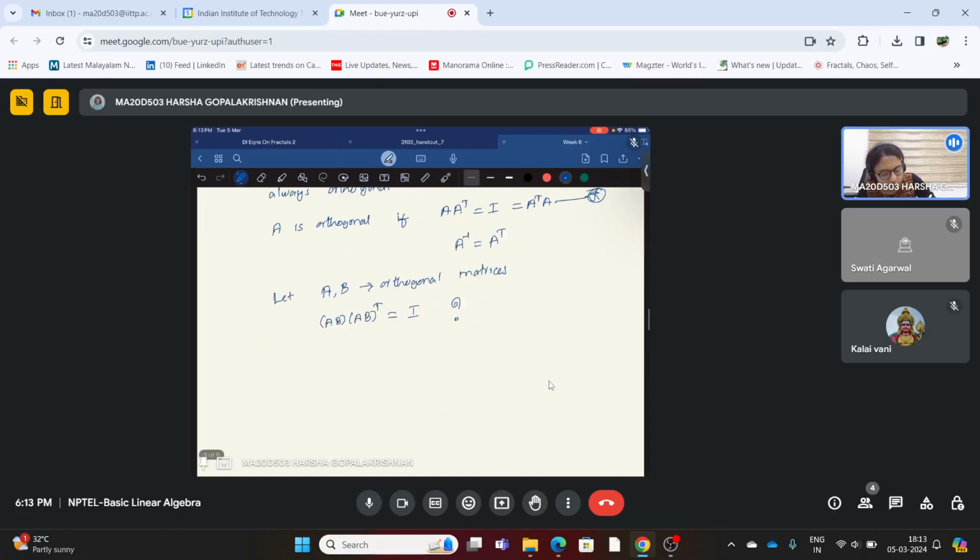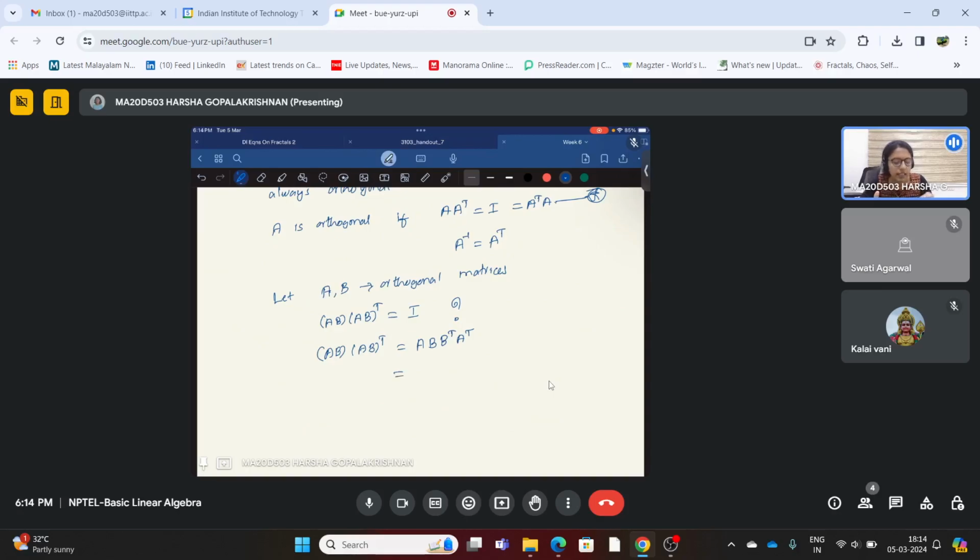So we will start with AB into (AB) transpose. How can we expand this? AB into B transpose A transpose. Yes, (AB) transpose, whole transpose, is B transpose A transpose.